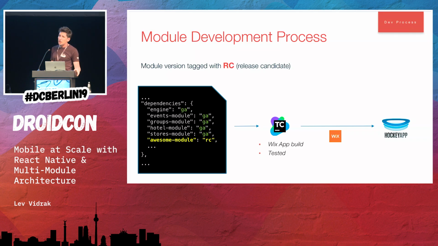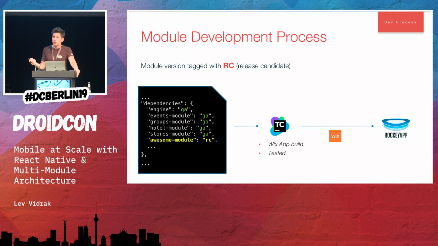And the result will be an orange application, at Wix, orange application meaning internal application, and we distribute it with a service called HockeyApp, and from November it will be called App Center.